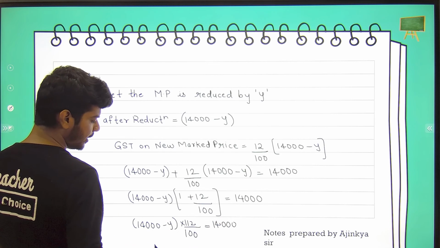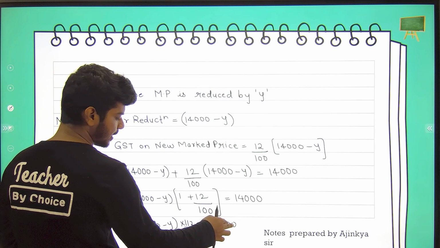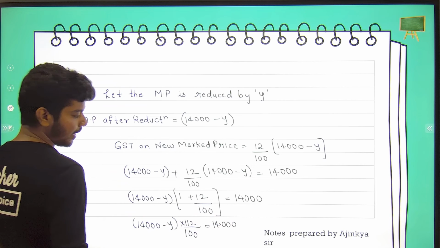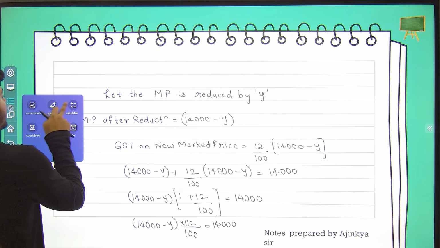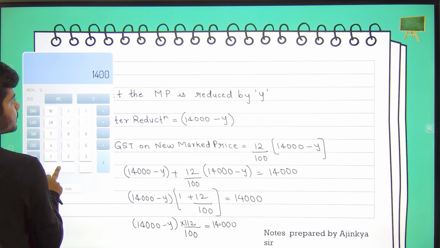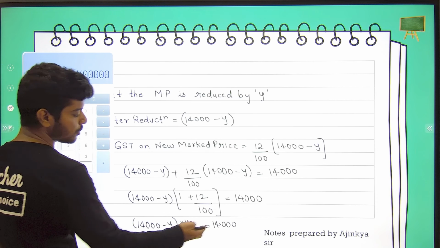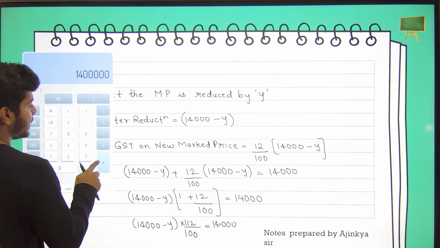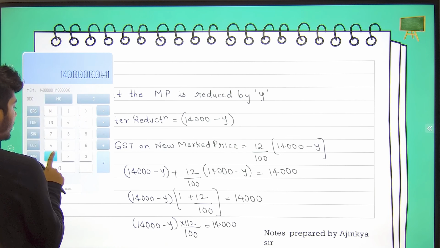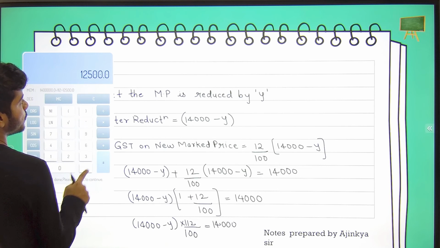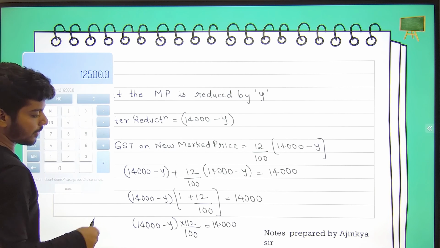So what we will do, first we will shift this and then divide it by 112. So 14,000 into 100, we'll write additional two zeros, and then we have to divide this number by 112. So we will get 12,500.